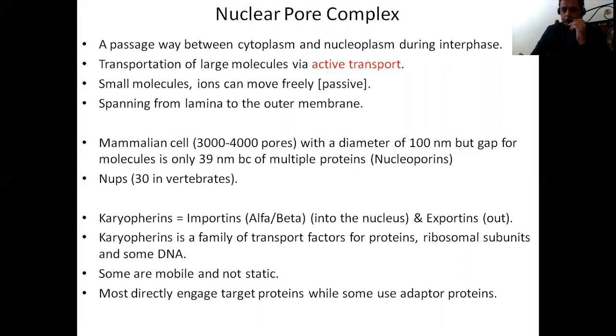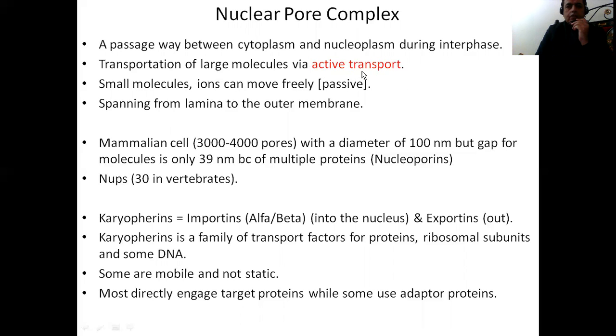Now, transportation is of two types: active transportation in and out of the nucleus, or passive transportation. Active transportation is used in the case of large molecules or charged molecules, and it is called active because it is an energy-dependent process.